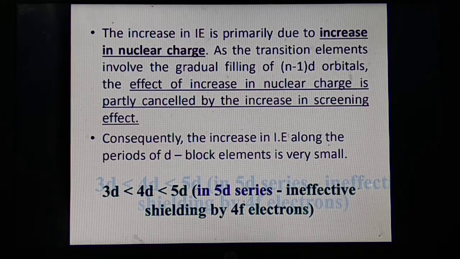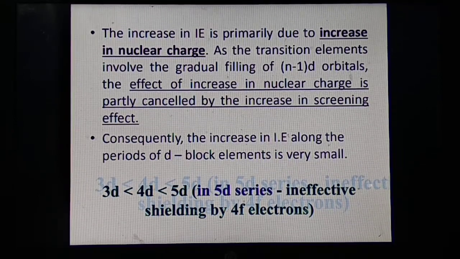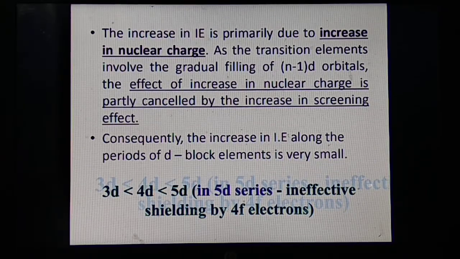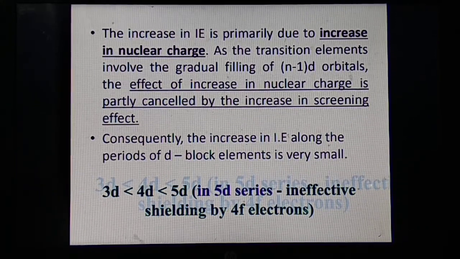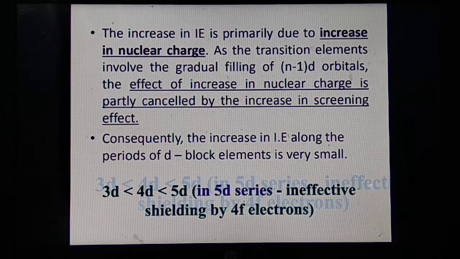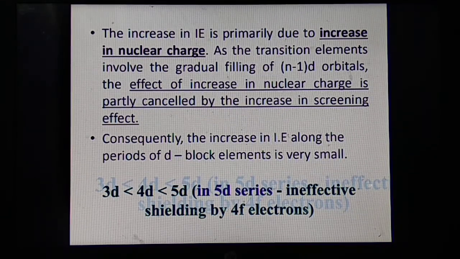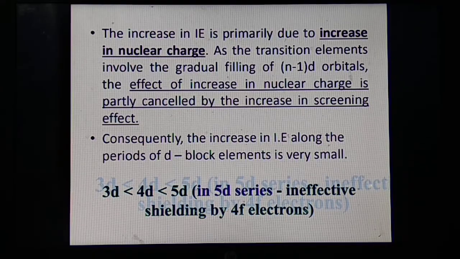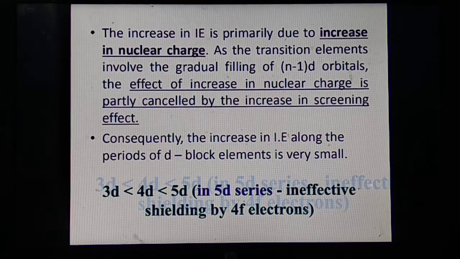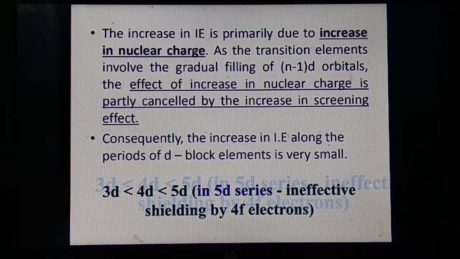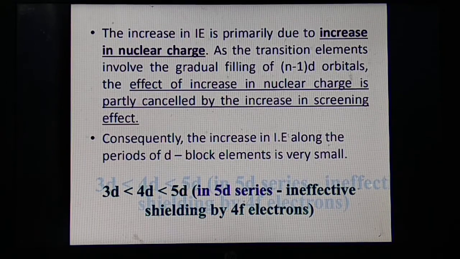Already I told you when I explained the atomic radii of the 3D series, the radii first decrease, then remain constant, after that increase. Why does it remain constant? That time I told you the two effects counterbalance each other. That's why the increase in ionization enthalpies is very small here.